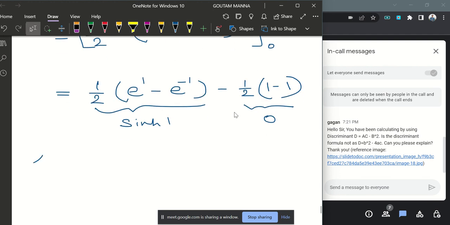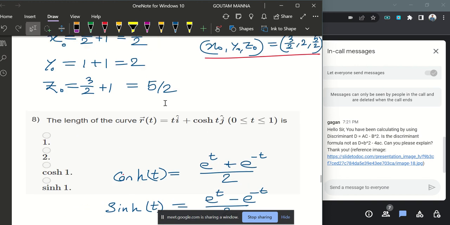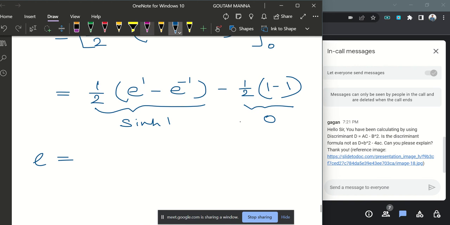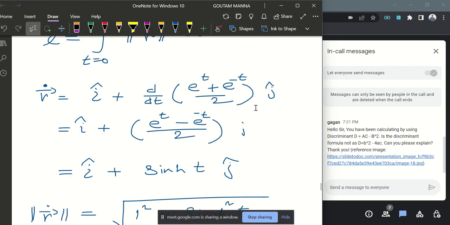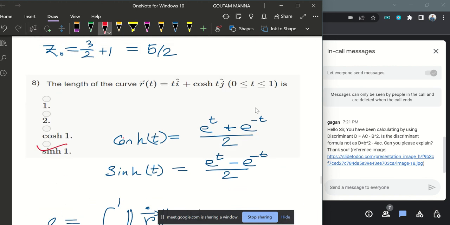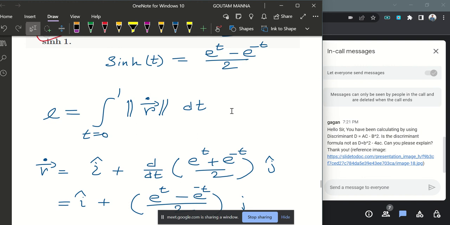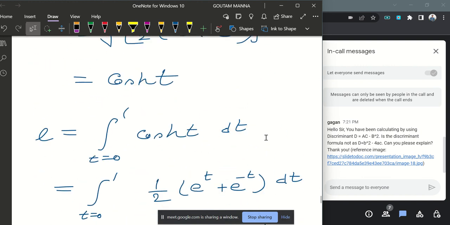So we have the arc length of this given curve, that is sinh of 1. So the correct answer is the last one. You can anyway use the formulas involving these hyperbolic functions, but I don't know whether you know those things, so I derived all of them.